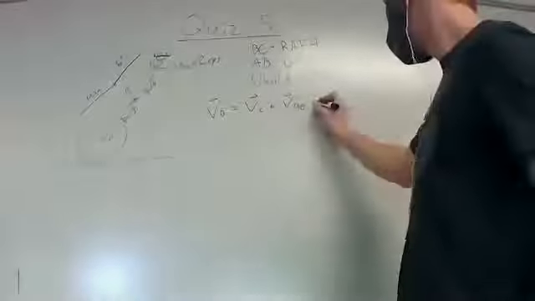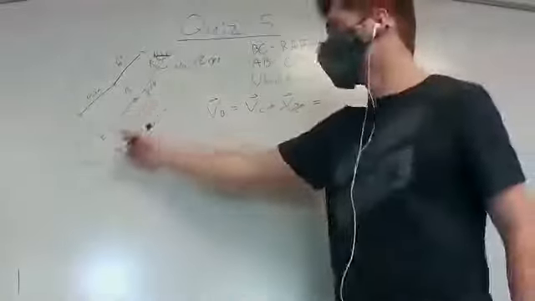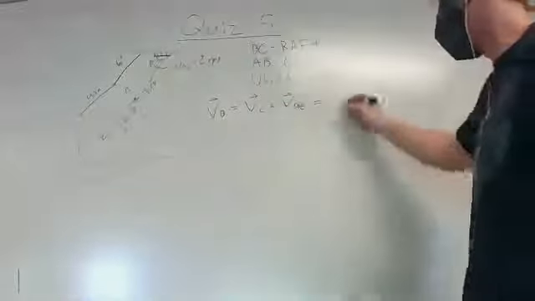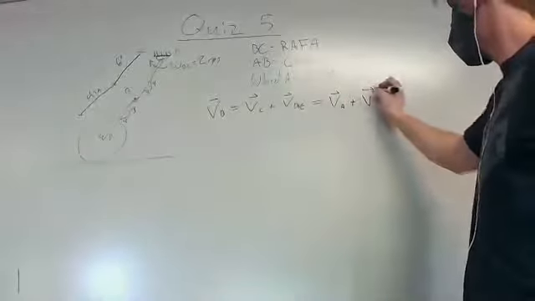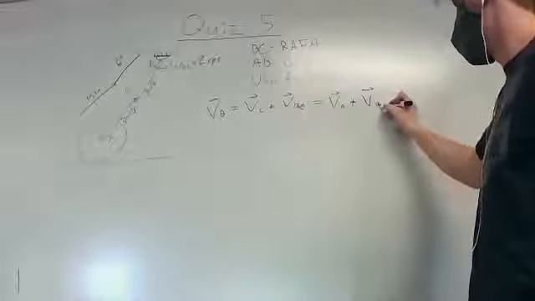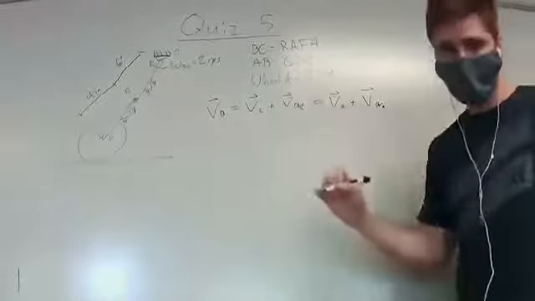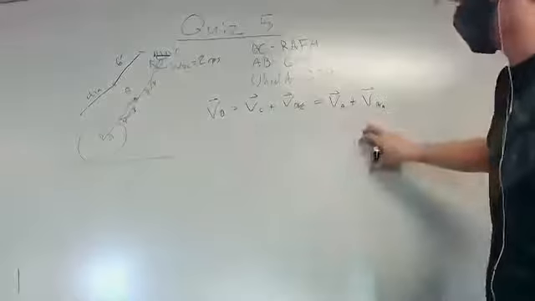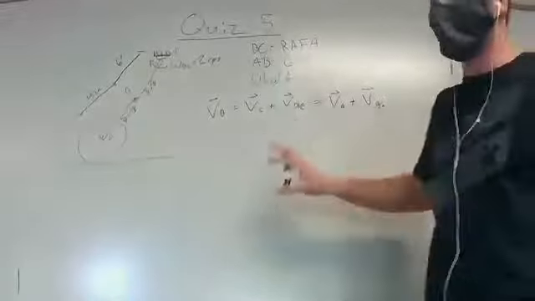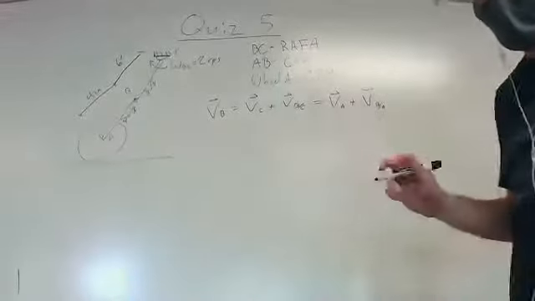And we also have the other side of B down at A, equal to VA plus VB relative to A. This is the equation that will eventually allow us to solve for what we're looking for.